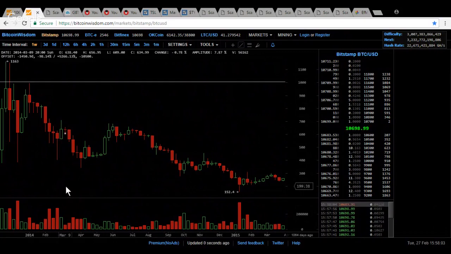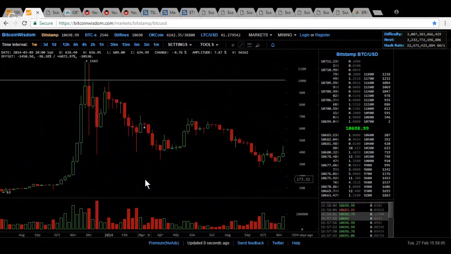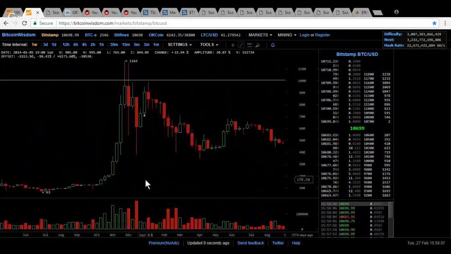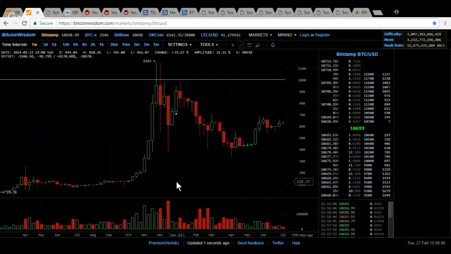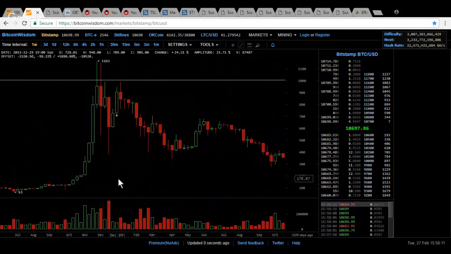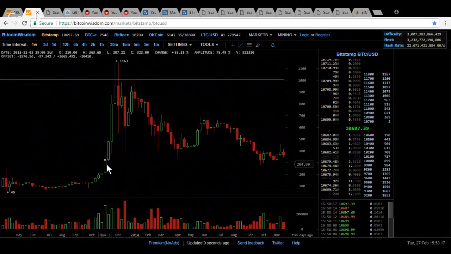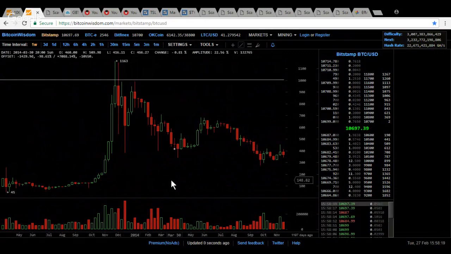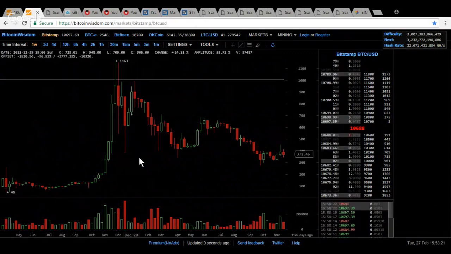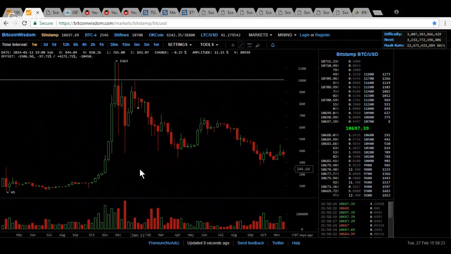If any of these moves in Bitcoin could be considered a hyperwave, it would be this one that occurred, as I said, back in 2013, 2014.